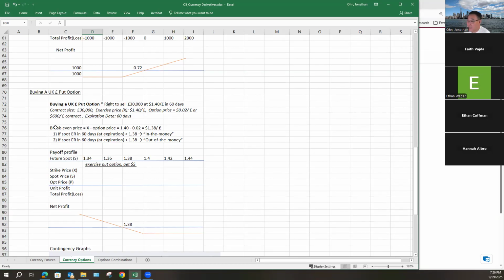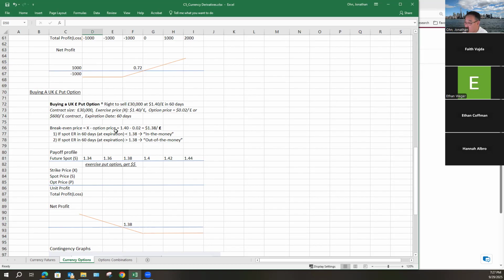Okay, so in this case, the break-even price of the put option, you have to subtract. Just a moment, wait. Let's take it back. Since you buy a put option, you have to pay the option price.